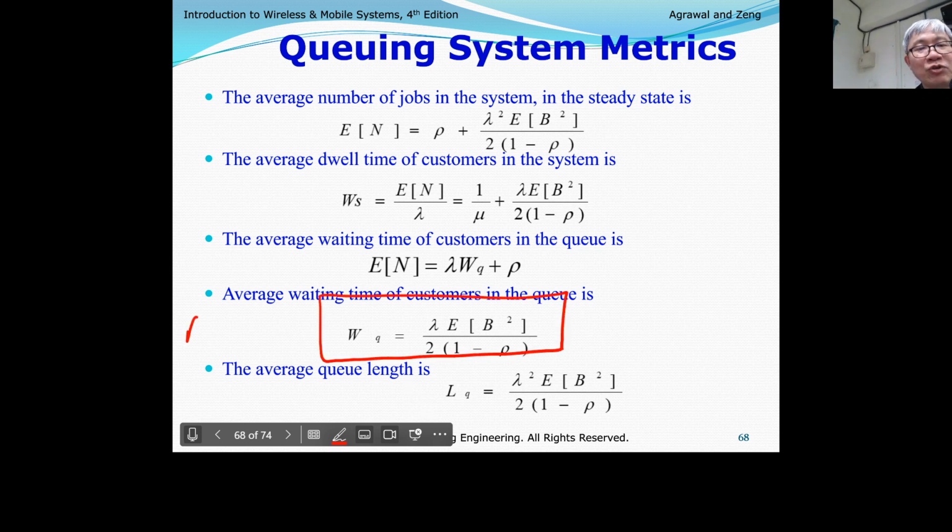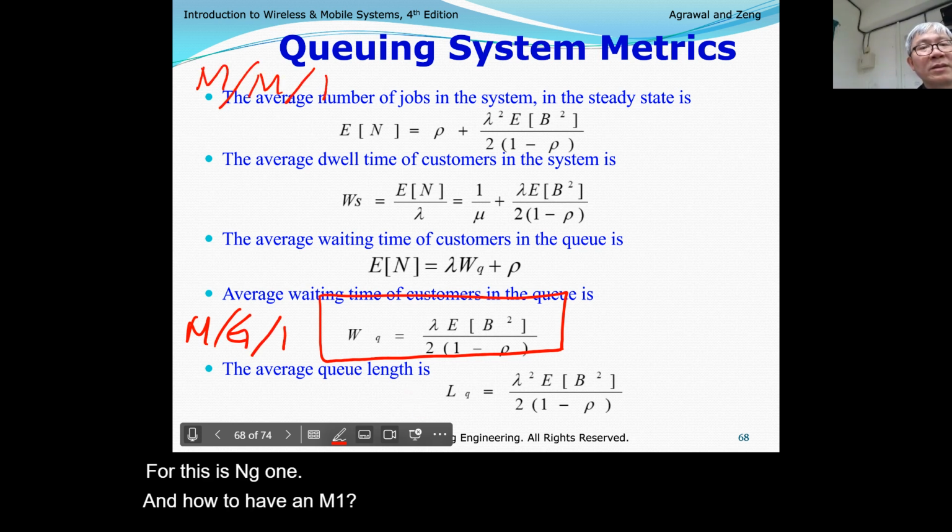So this is M/G/1. And how to have it for M/M/1? For M/M/1 we have M, it's mu, so we have this.